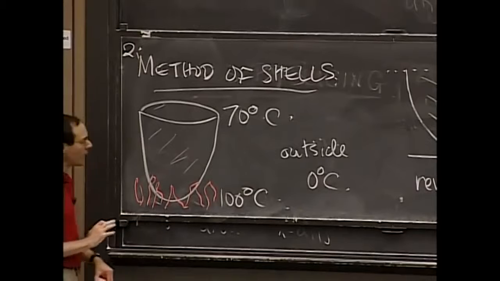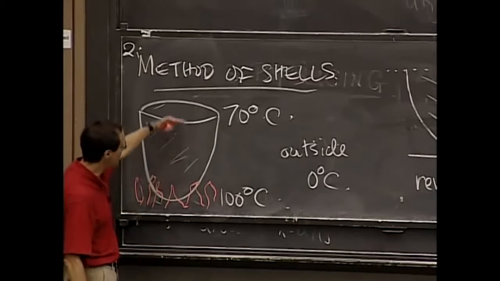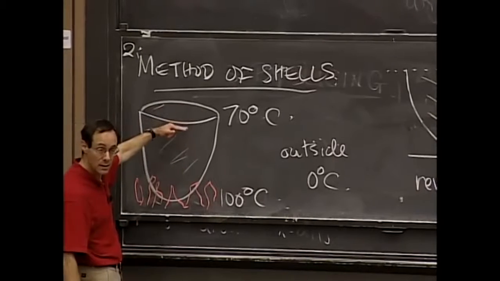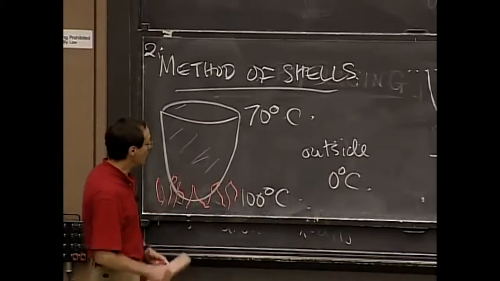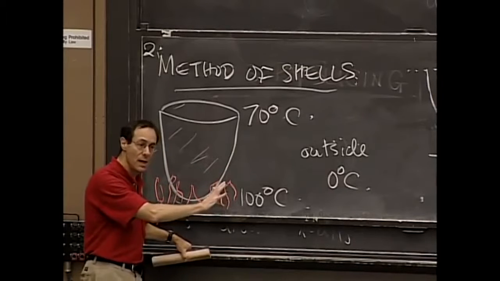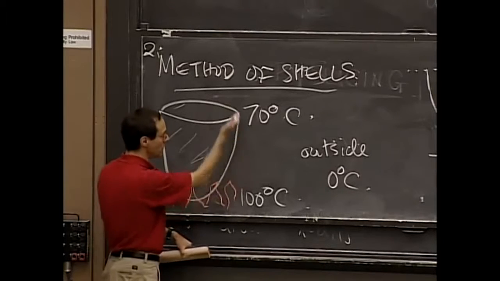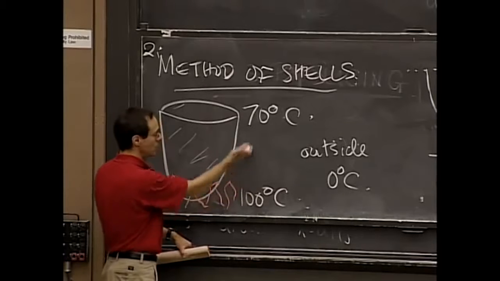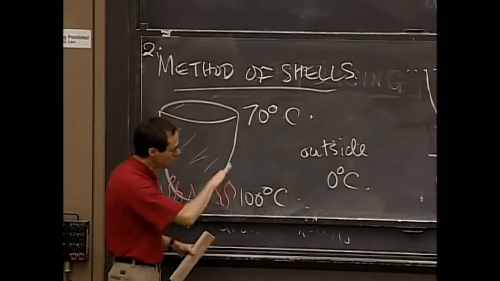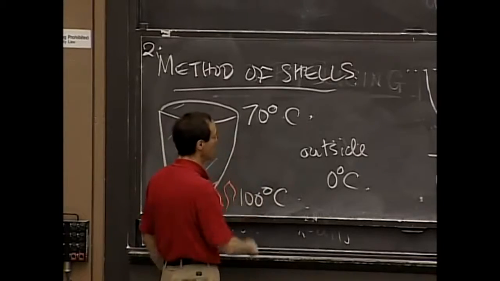And the question that we're going to ask is how much heat do they need to do it? Now, the thing starts out at 0 degrees Celsius, and we're going to heat it up to this temperature configuration here. But it's rising from 100 down here to 70 up here. So the temperature is varying in height.